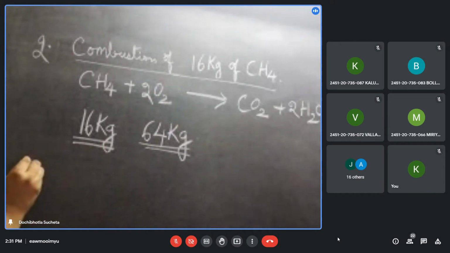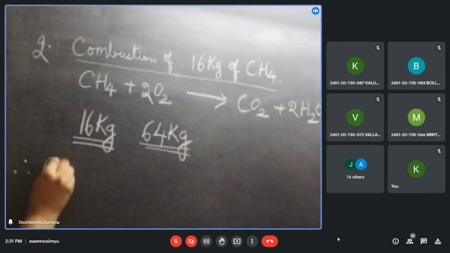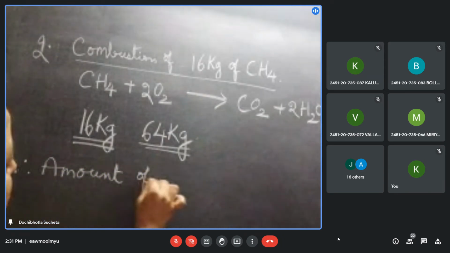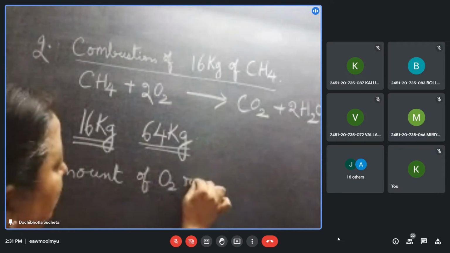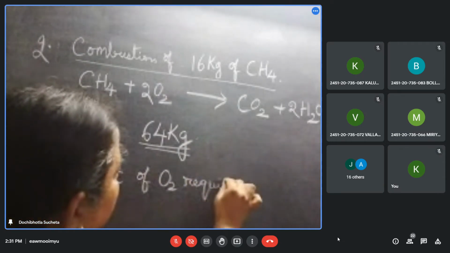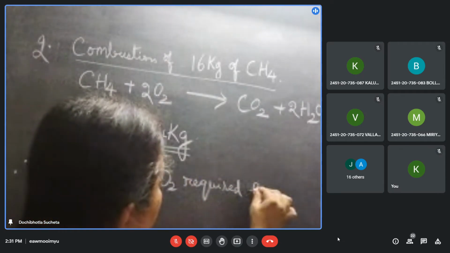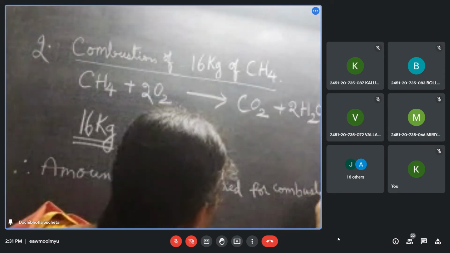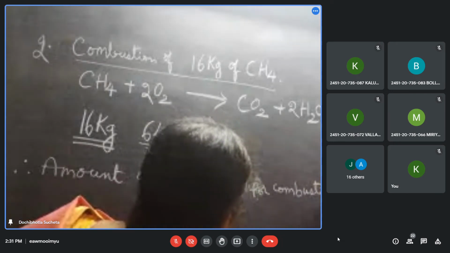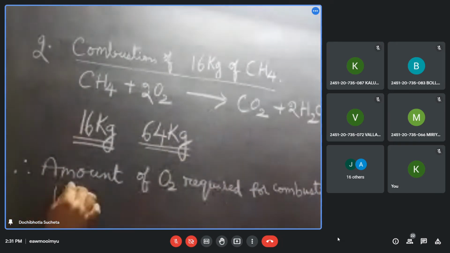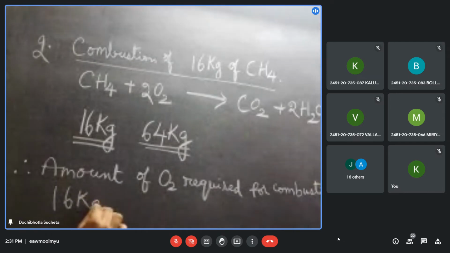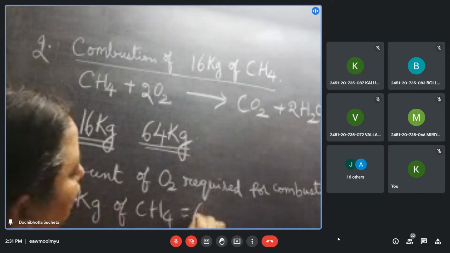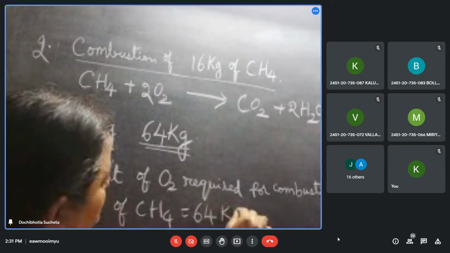Therefore, the amount of oxygen required for combustion of 16 kgs of methane is equal to 64 kgs.